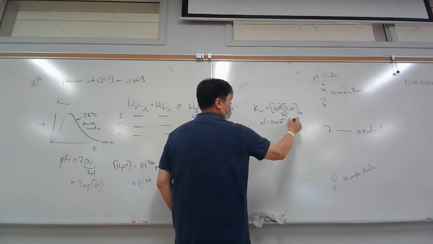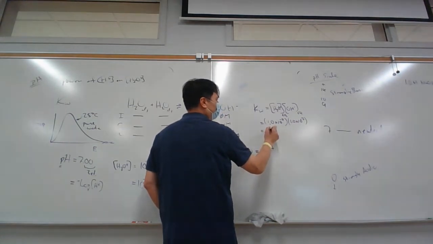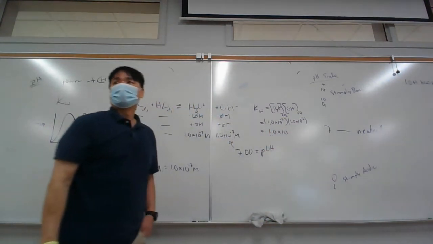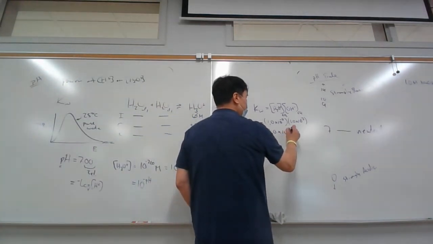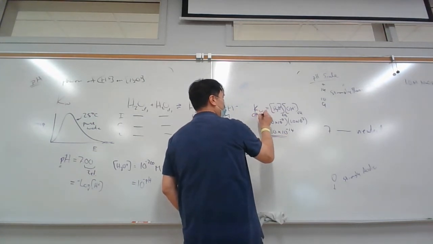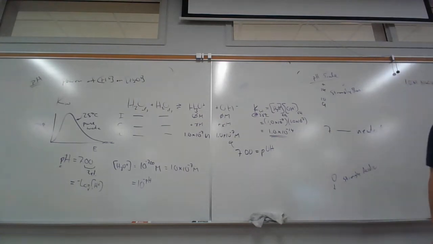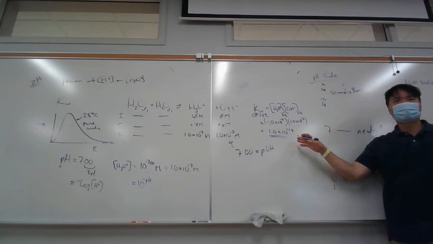The concentration of hydroxide is 1.0 times 10 to the minus 7 molar. We get rid of the units, and we end up with 1.0 times 10 to the minus 14. Now this Kw, people memorize this. This Kw is only valid at 25 degrees C. At higher temperatures, Kw is bigger. At lower temperatures, Kw is smaller.